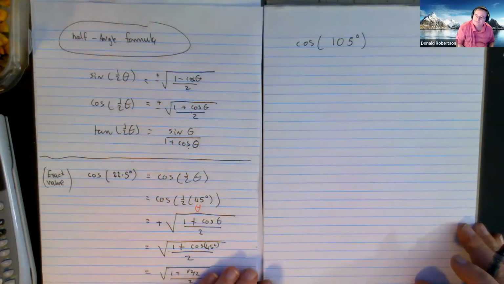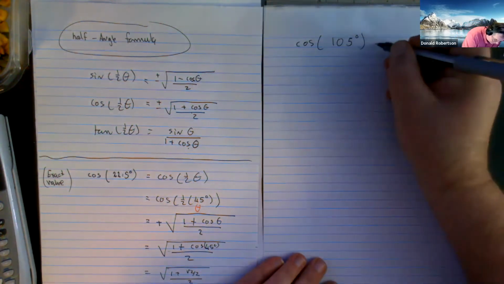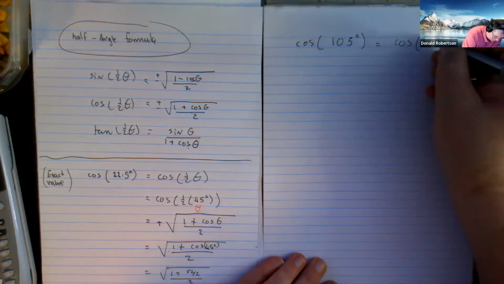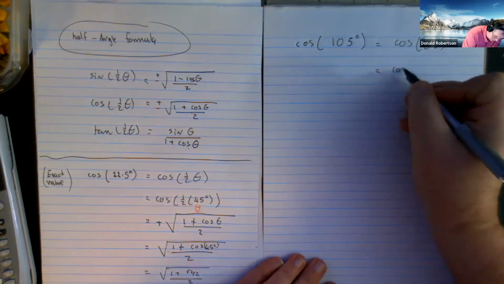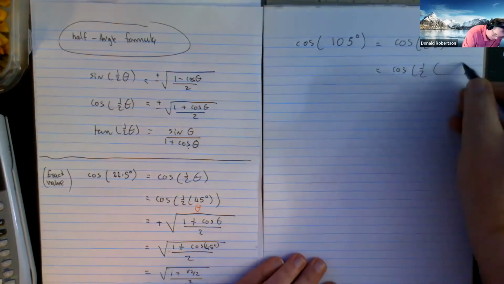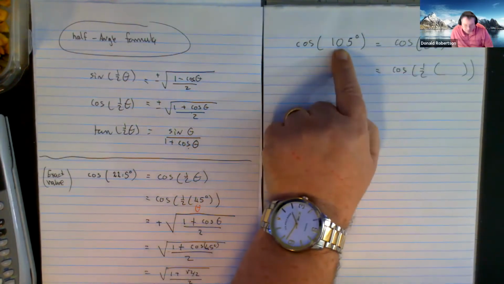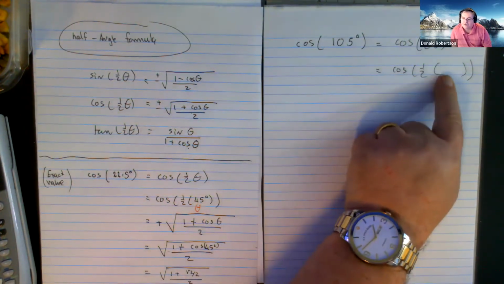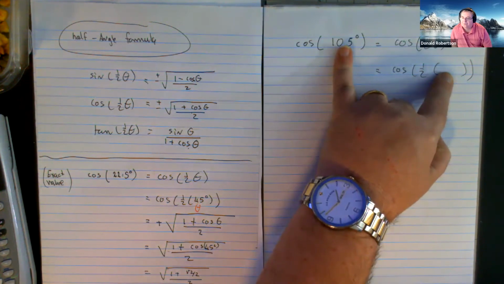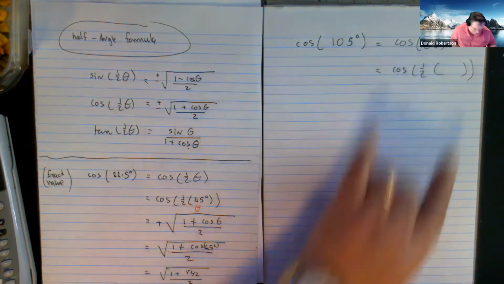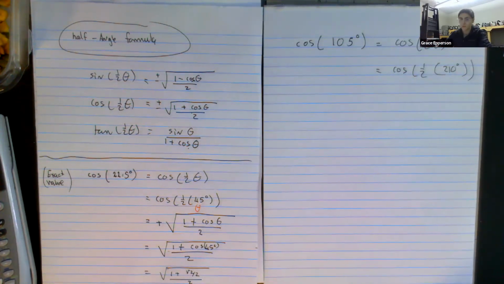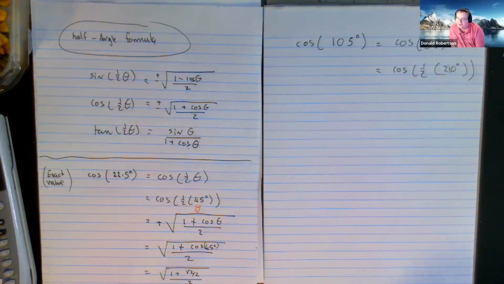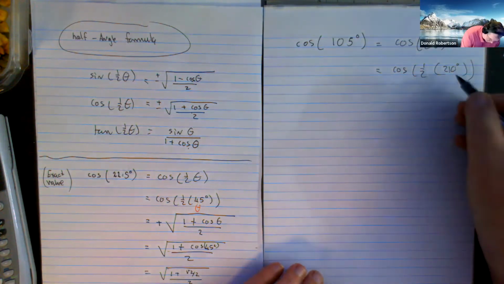Okay. We're going to use the half angle formula. What number goes here? 210. Have you noticed you just double it every time? That's how you find theta. Double it every time. So 210 it is.